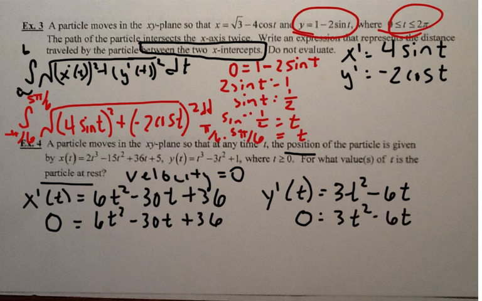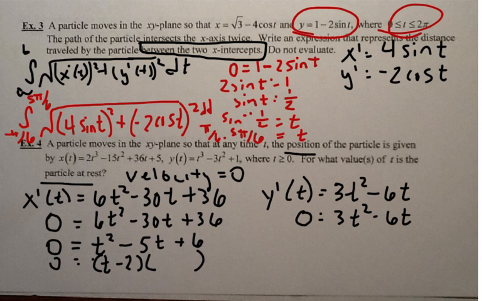So how am I going to solve this one? Well, everything's divisible by 6, so let's divide both sides by 6 to start. And is it factorable? Yes. It's a non-calculator problem, everything's coming out nicely. t minus 2, t minus 3.